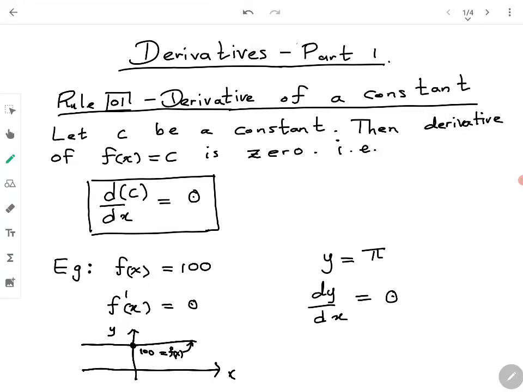For a function like that, the derivative is 0. Similarly, if y is equal to pi, that's our function, then the derivative dy/dx is again 0. So the derivative of a constant is always 0. This is very easy to remember. Okay, so that's the first rule.